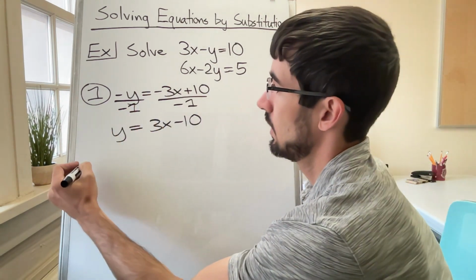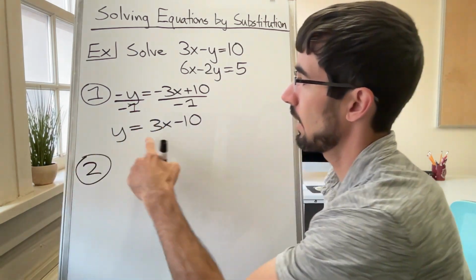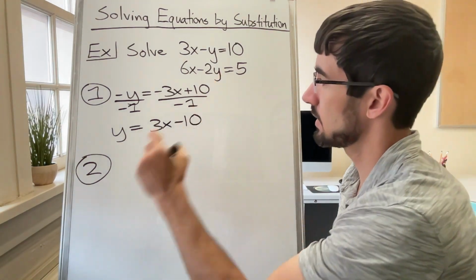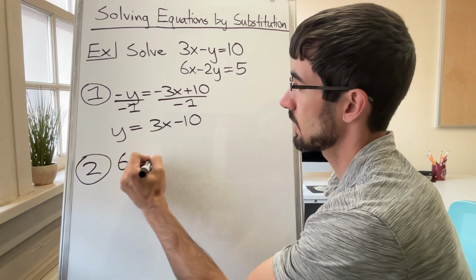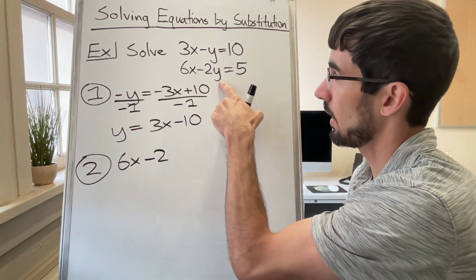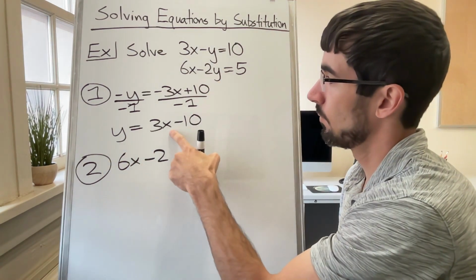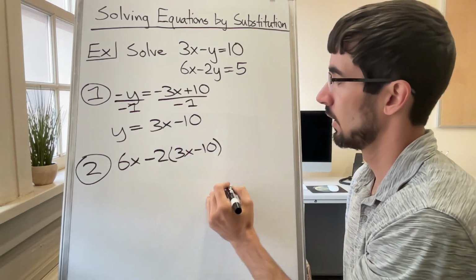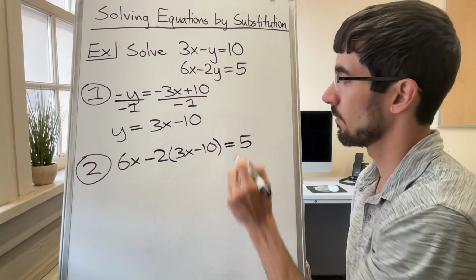That's our substitution for y. That's step 1. Step 2, we'll take that expression, y equals 3x minus 10, and we'll plug it into the second equation. So I have 6x minus 2y equals 5, but instead of writing y, I'm going to write this expression or substitution for y, and it's equal to 5.